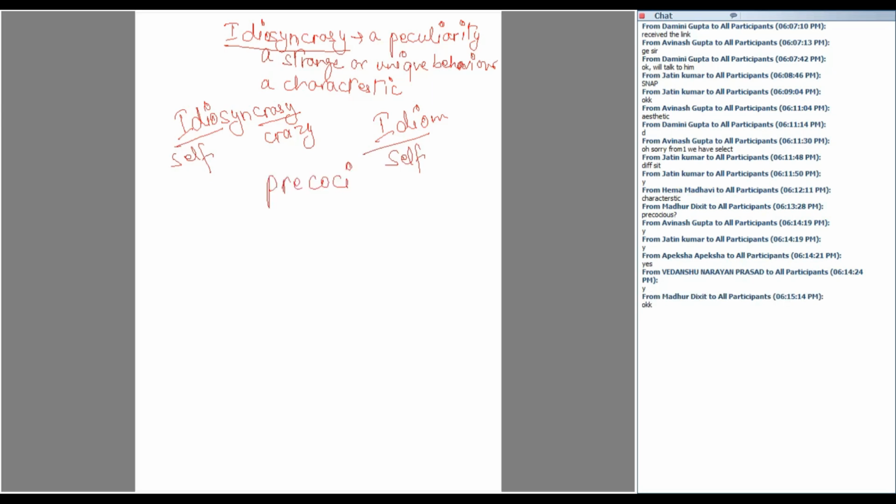Precocious means pre means before. I think all of you now know that pre means before. COC is the root for cook, and IUS makes the word an adjective. So if you are precocious, that means you are pre-cooked, in the sense that you have matured much before other people mature.